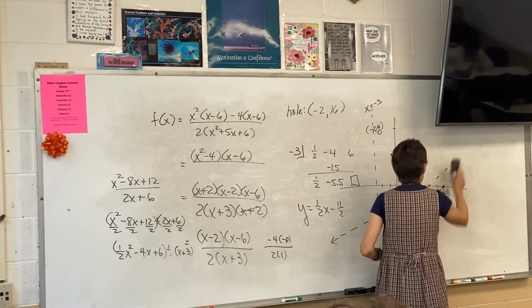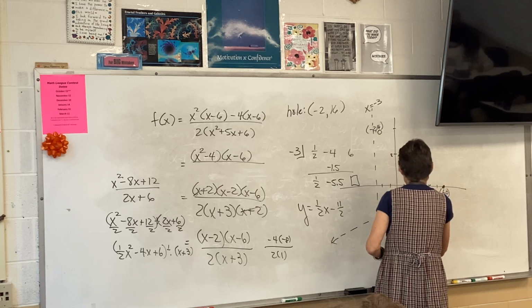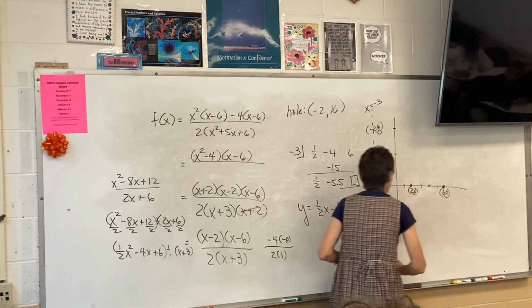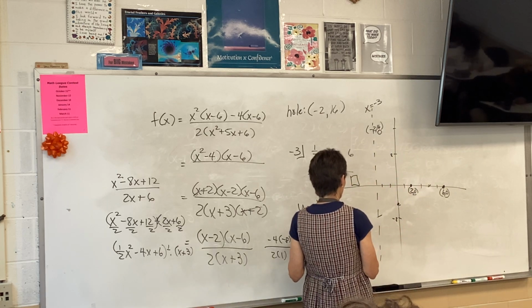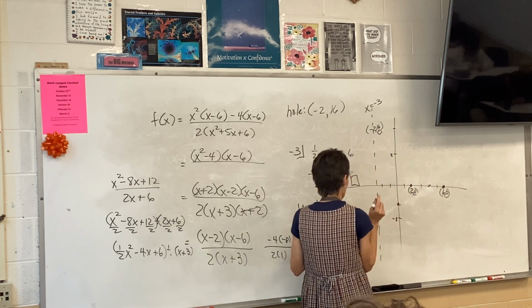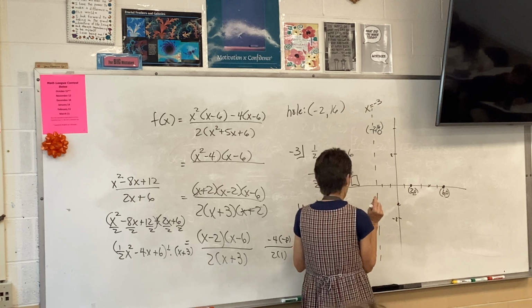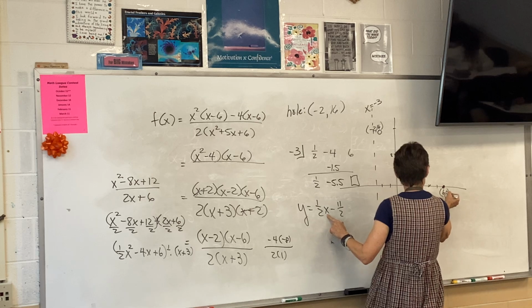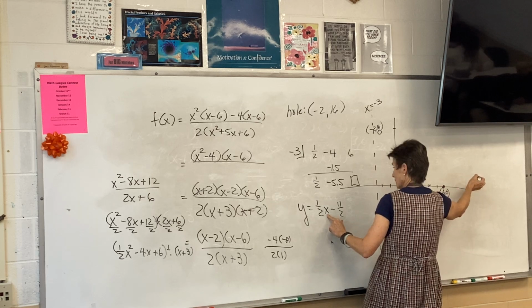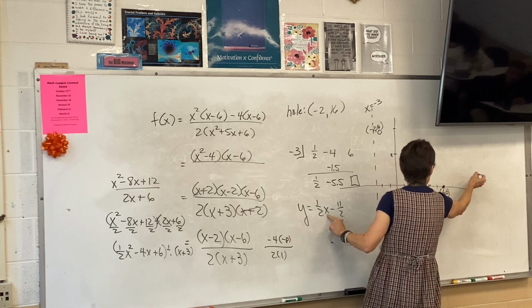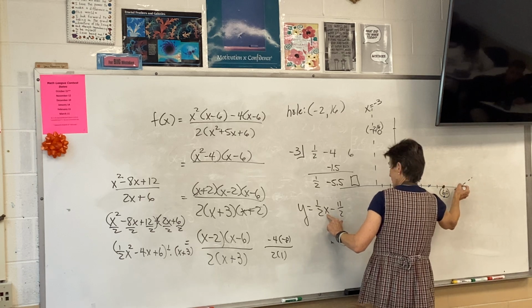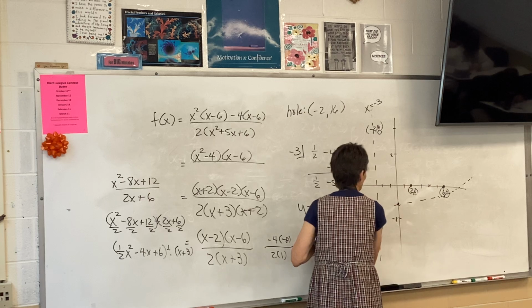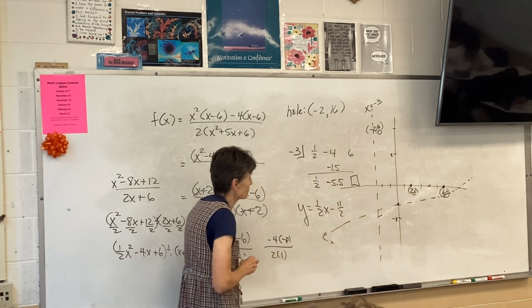My wacky y scale is messing up things. I'm going to plot a couple more points, not use slope. So there's -5.5. All right, if I put in 6, I actually get a -0.5. Oh, that looks terrible. But that's my slant asymptote.